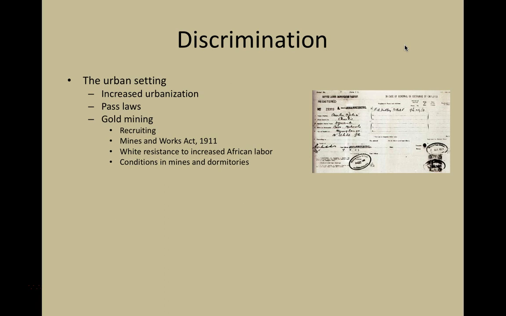Recruiters from the gold mines went into Basotho land and Bechuana land and Swaziland, into Southwest Africa, even up into areas north, into Rhodesia, into Nyasa land, or what later became known as Malawi, into Tanganyika, or what later became known as Tanzania, and so forth and so on, right?